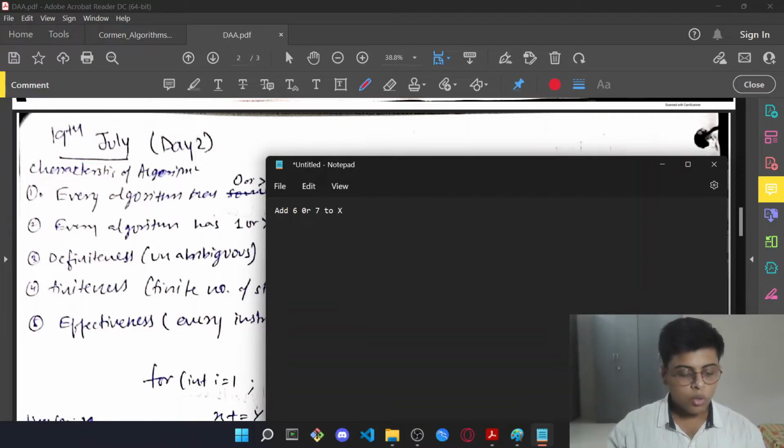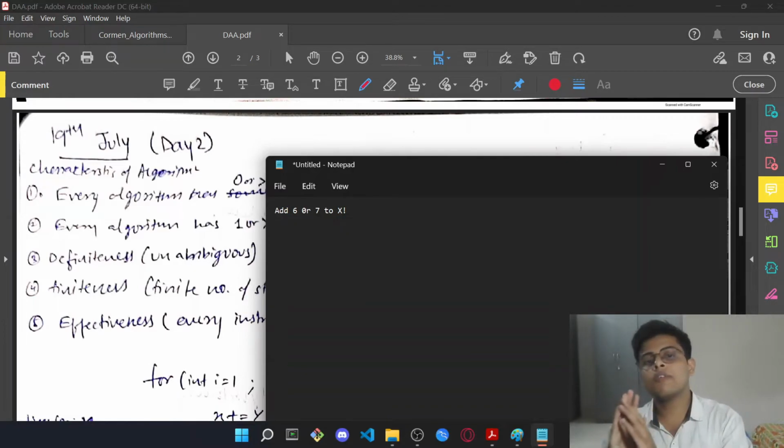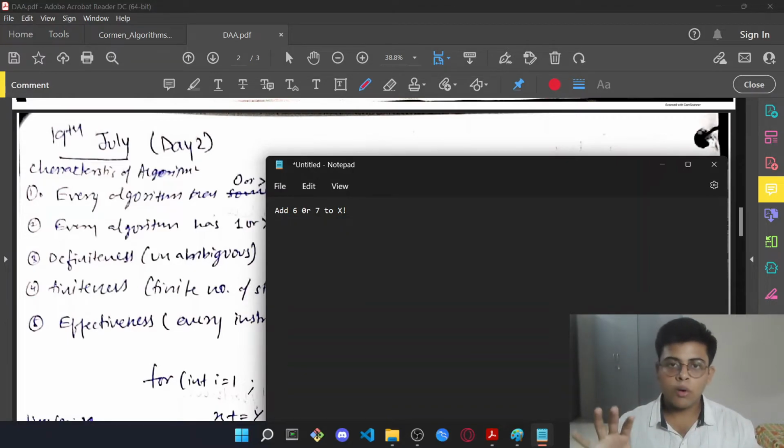Now what will the computer understand from this? Absolutely nothing. 6 or 7? The computer doesn't understand your emotion. Computer won't understand what is 6 or what is 7, or which one of them to add to x. So this is what is called ambiguity. We have to clear all the ambiguity from our algorithms.